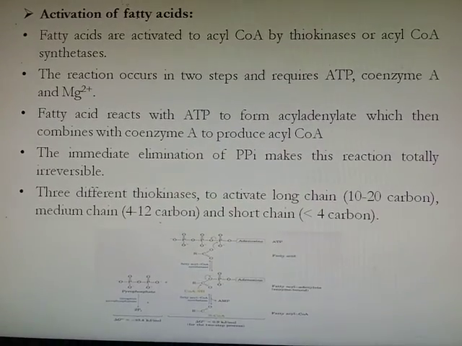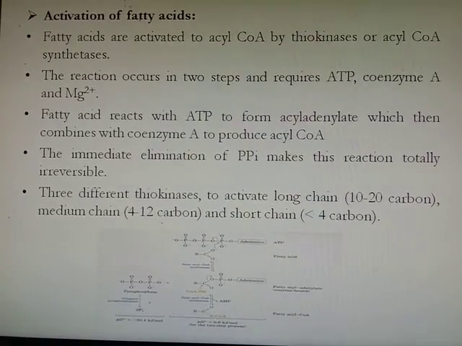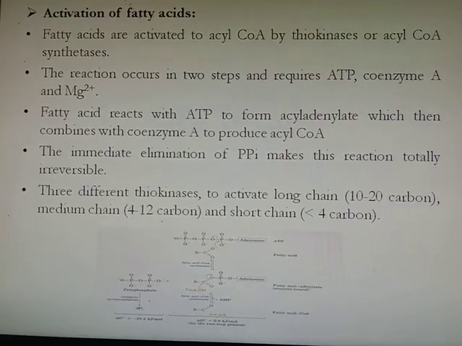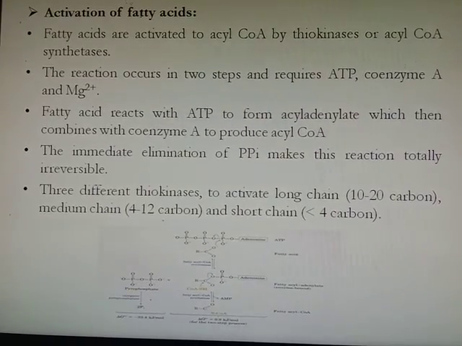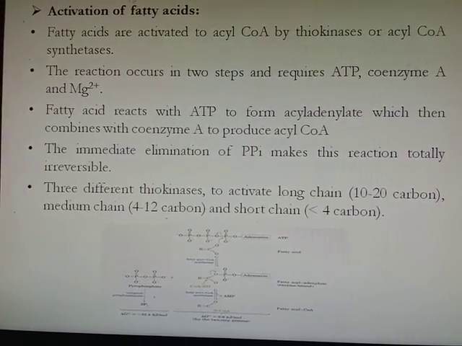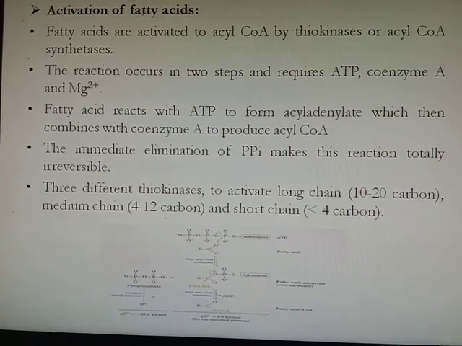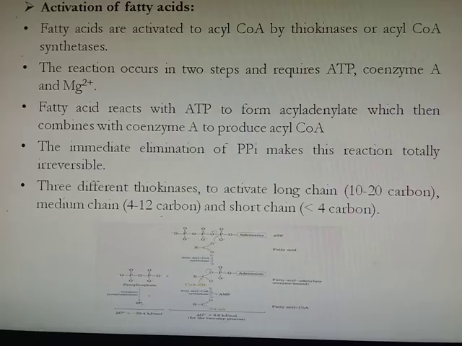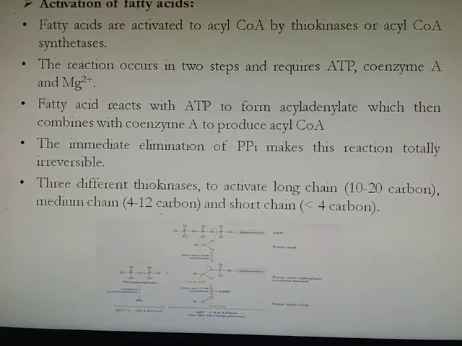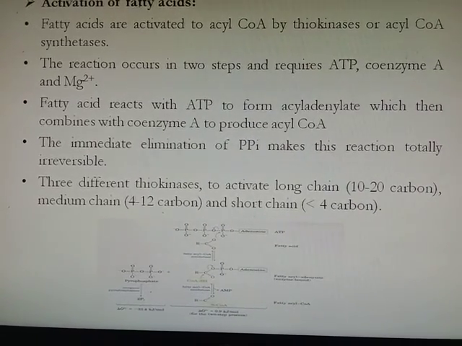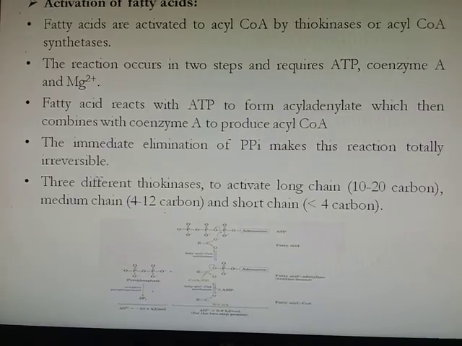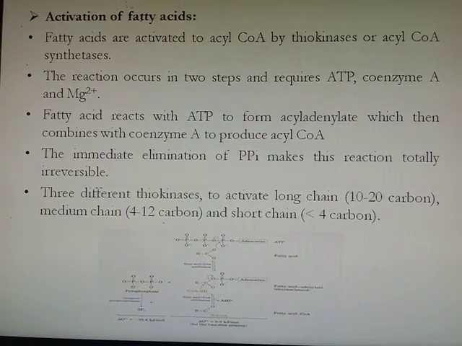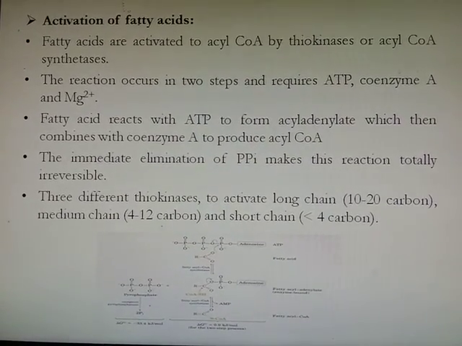The fatty acids are activated to fatty acyl coenzyme A by the enzyme thiokinase, also called acyl coenzyme A synthetase. This reaction occurs in two steps and requires ATP, coenzyme A and magnesium ion.